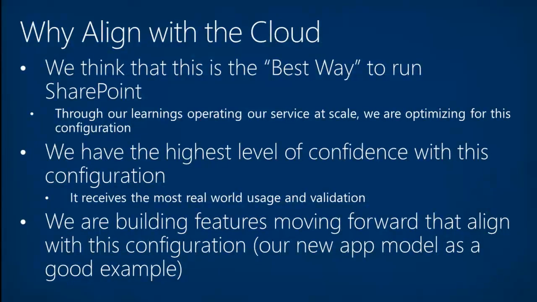We also have the highest confidence level with that config. So that thing, because it runs in SharePoint Online and because we have a lot of other customers who are deploying in that type of configuration, we know that it gets the most real-world usage and validation. So we're also building features, such as our new app model, which is one good example, that really rely on you being in this type of config.